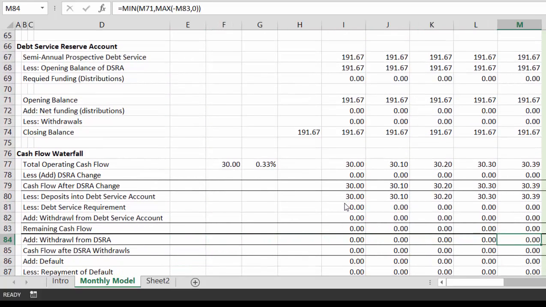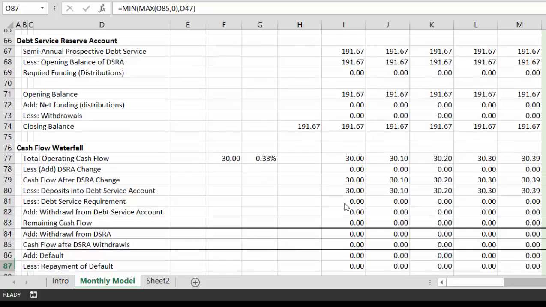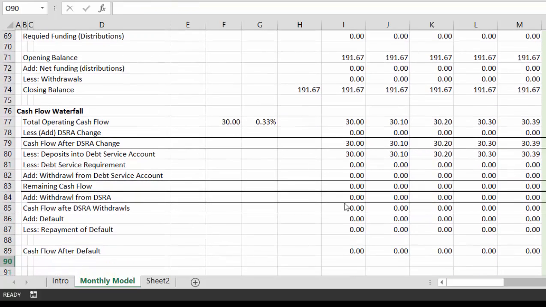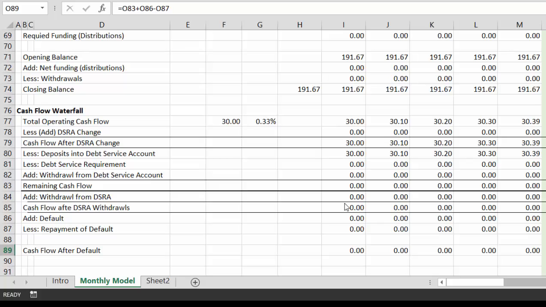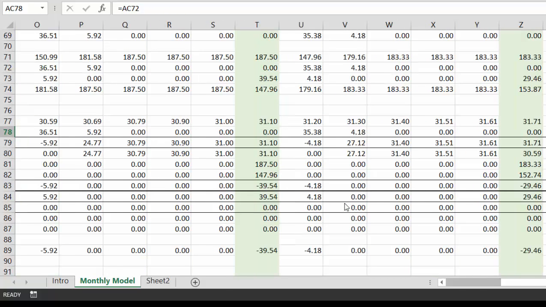The negative cash flow doesn't cause a default, it causes a positive. Now, we try to put the DSRA in here, and we have a negative amount, and that doesn't really work because the negative amount just causes another default. So this DSRA change, we should be careful with that.